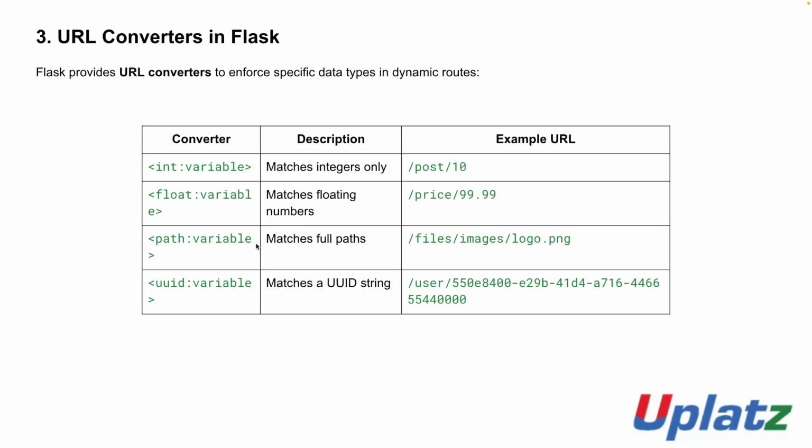Path colon variable matches full paths, that is files/images/logo.png. Then uuid colon variable, so variable is of type UUID. This matches a UUID string. If you don't know what UUID is, it's a unique string. We can use it for creating IDs of different things in our database.